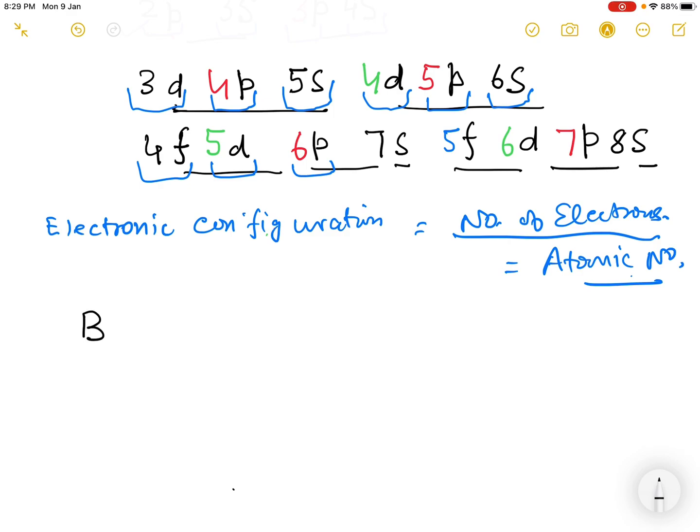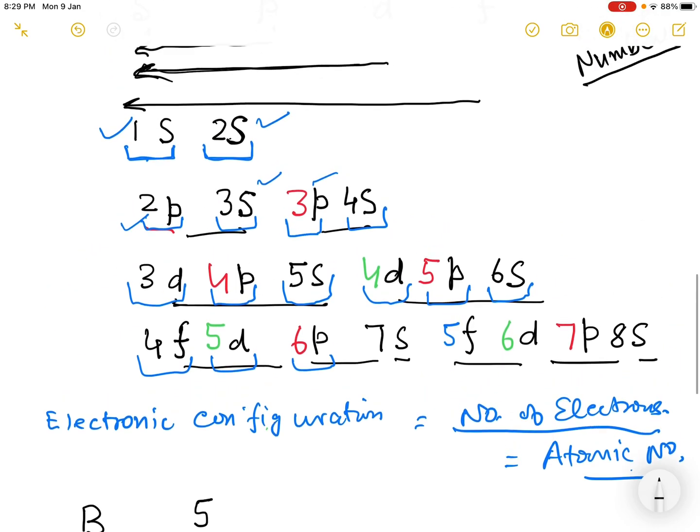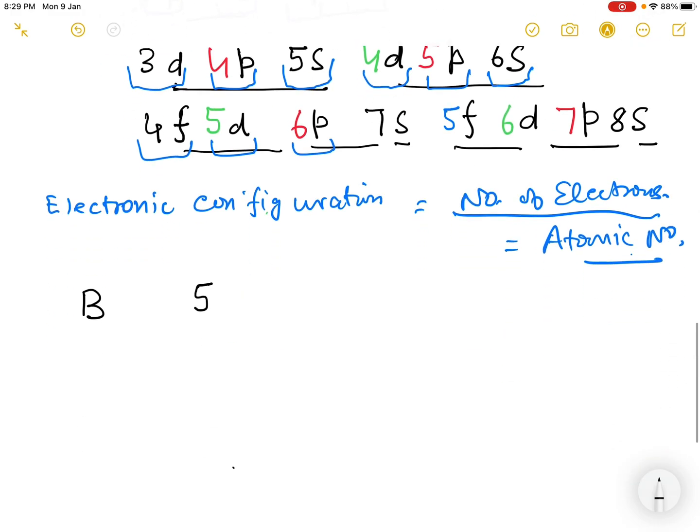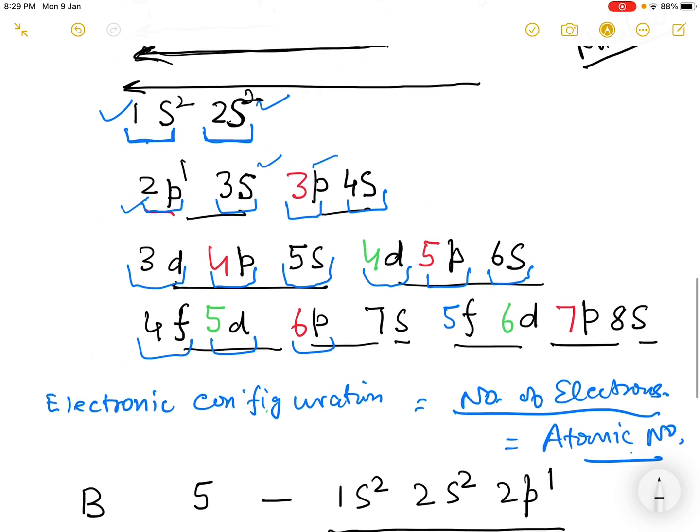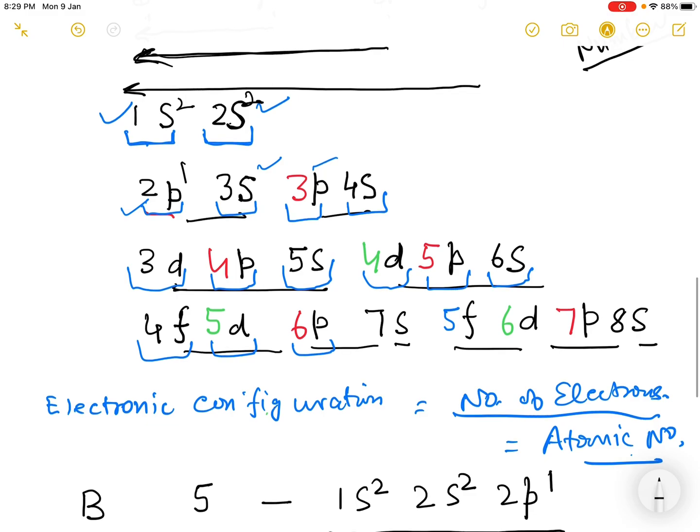The atomic number of boron is 5. Then we can say 1s2, 2s2, and 2p1. So this is the electronic configuration of boron: 1s2, 2s2, 2p1.